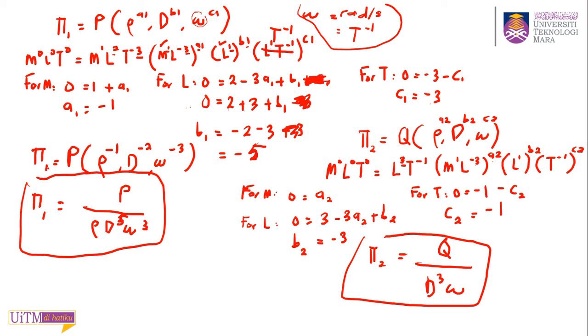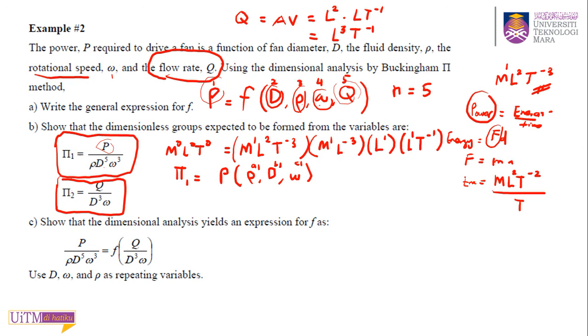Okay, now the last question they ask you: show that the dimensional analysis yields an expression for f as this one. So this is only pi 1 equal to f times pi 2.